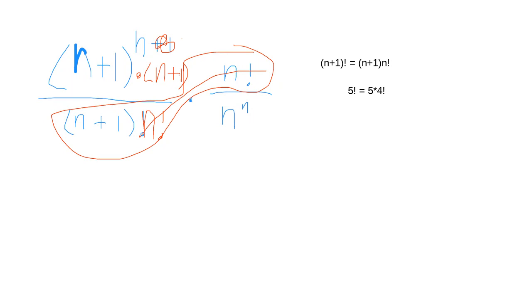So now you see we have n plus 1 over n plus 1, which becomes 1. So we're left with (n plus 1) raised to n in the numerator and n raised to n in the denominator. Because both are raised to n, we can write it this way, since they have the same power. Does that make sense?